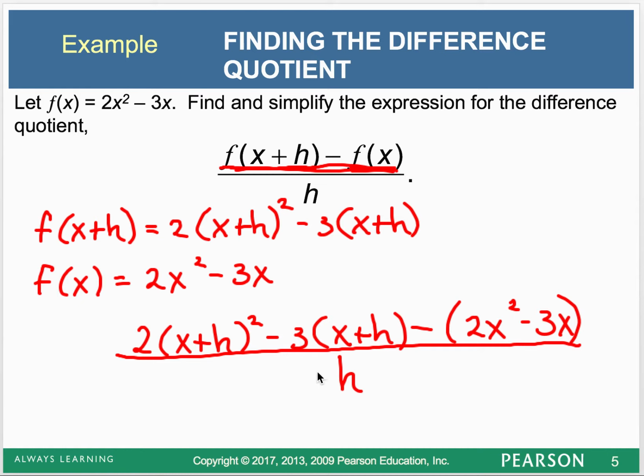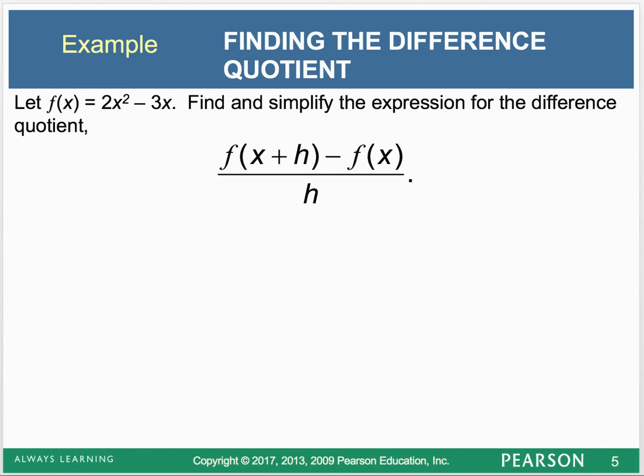So here's my difference quotient. Of course, we've got to simplify it, right? We've got to multiply all this out. So before I do that, I'm going to go back. Now, here's one thing you could do. You could do each piece individually and then put it all together if that helps you. Or I'm just going to do it all together.